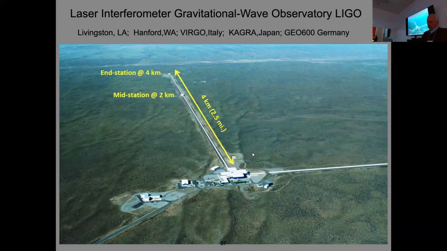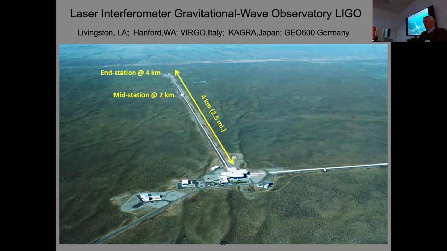So you measure the distance from the center to the end very, very precisely. And when a gravitational wave comes by and starts bending space back and forth, the wave, say it comes this way, will cause the deflection to be different in this arm than in this arm. And that gives you a gravitational wave.